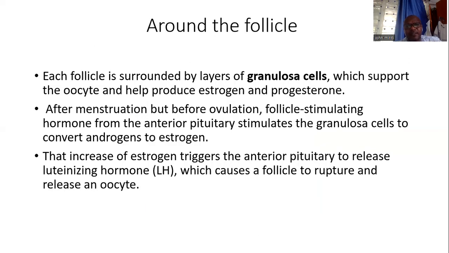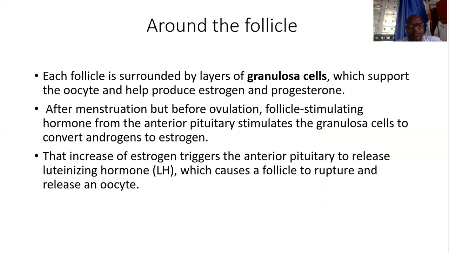So let us see what is around the follicles. Each follicle is surrounded by a layer of granulosa cells, which support the oocyte and help produce estrogen and progesterone. After menstruation, but before ovulation, follicle-stimulating hormone from the anterior pituitary gland stimulates the granulosa cells to convert androgen to estrogen.